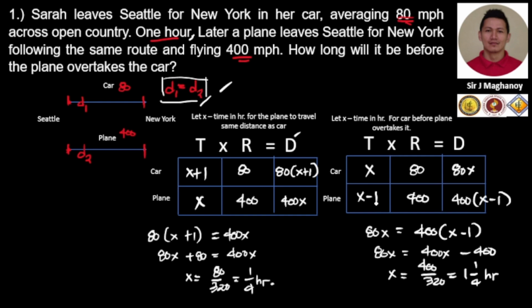But wait, the question here is how long will it be before the plane overtakes the car? So we apply x minus 1, or 1 and 1/4 minus 1, that is equal to 1/4 hour. So that is the time needed before the plane overtakes the car.